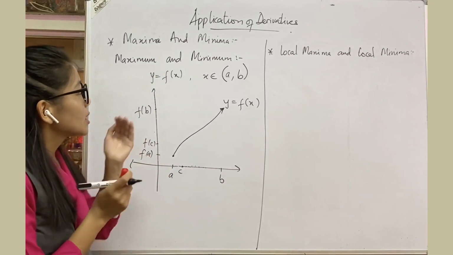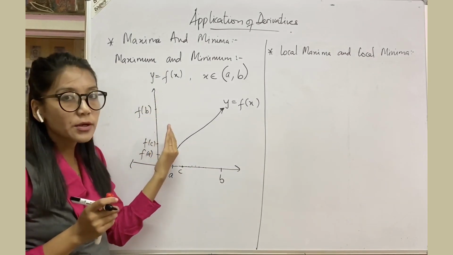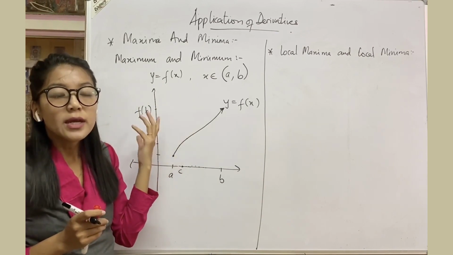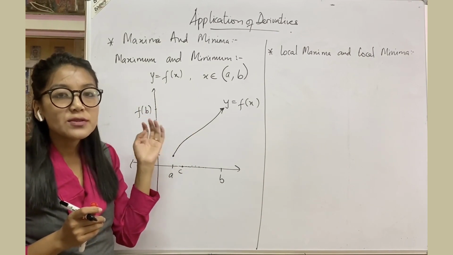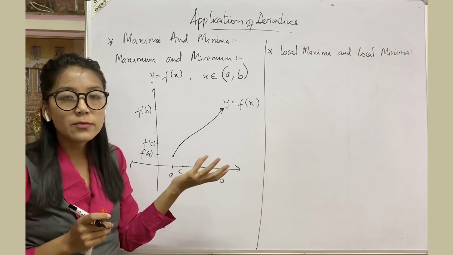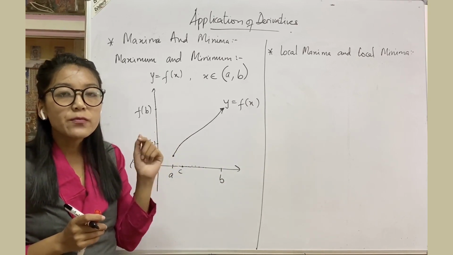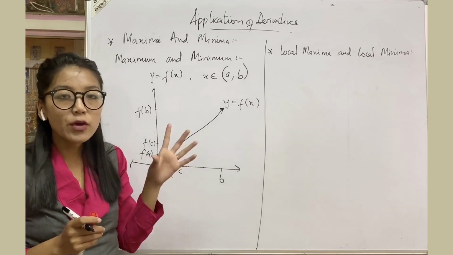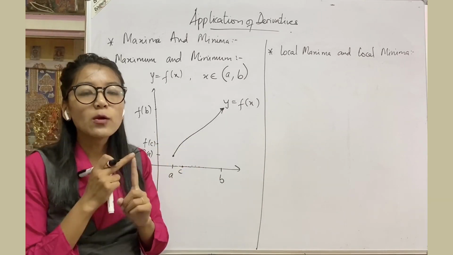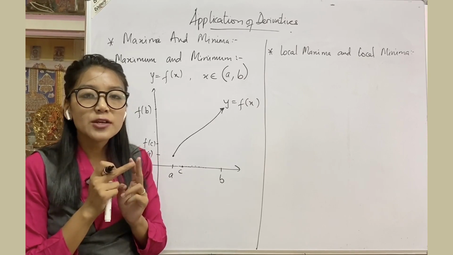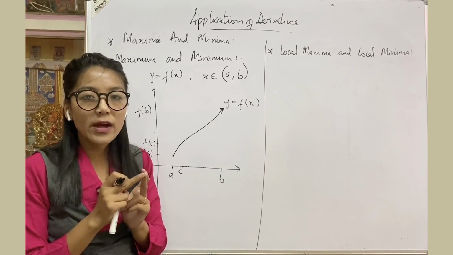One more thing before we come to this topic. For a function, if the extreme values exist, if you can find the maximum value and the minimum value, then that extreme value will be unique. For a function there will be only one maximum value if it exists, and similarly only one minimum value if it exists.